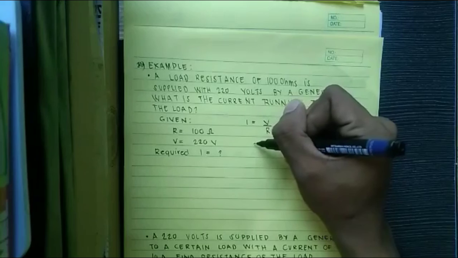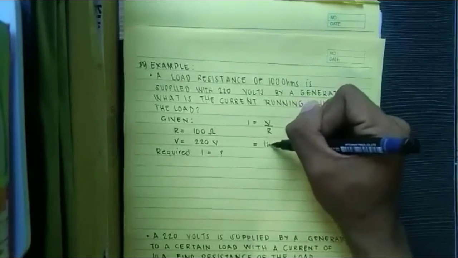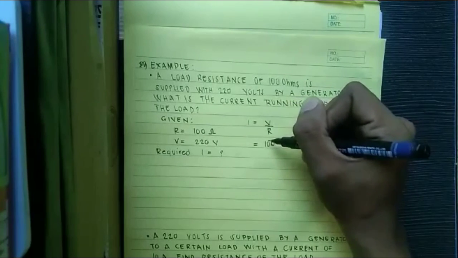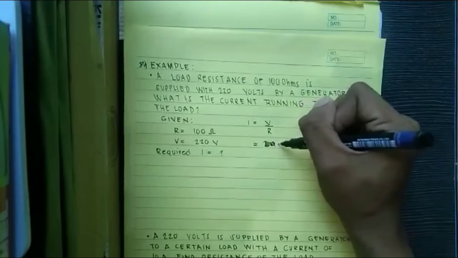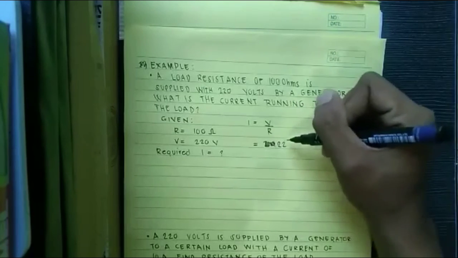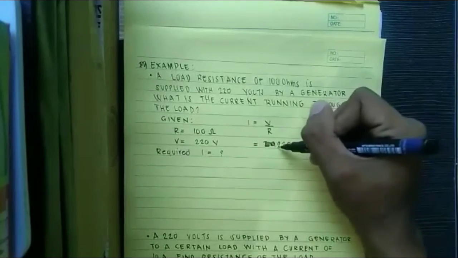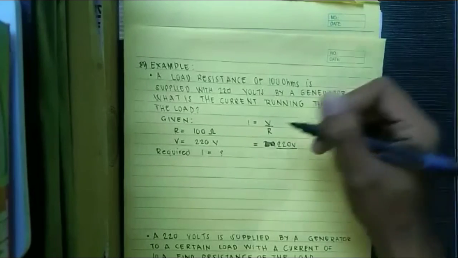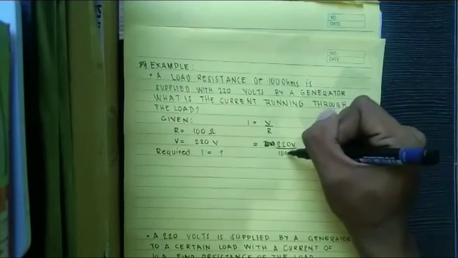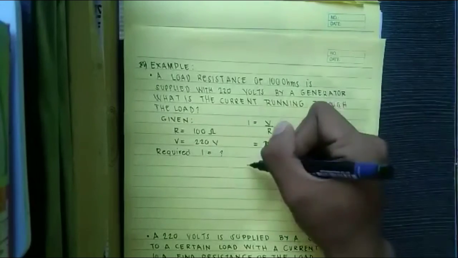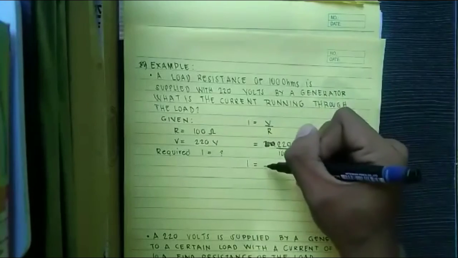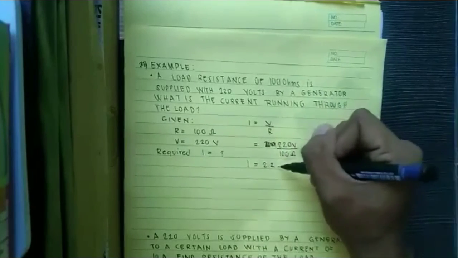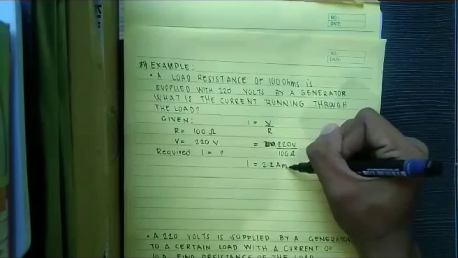Yung volts natin na 220 volts over by 100 ohms to get the answer. The current is 2.2 ampere.